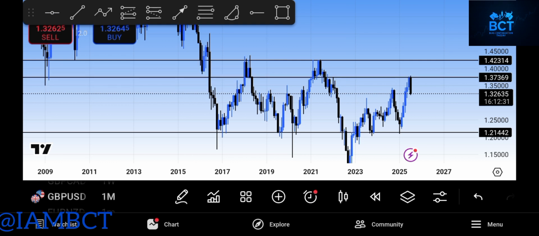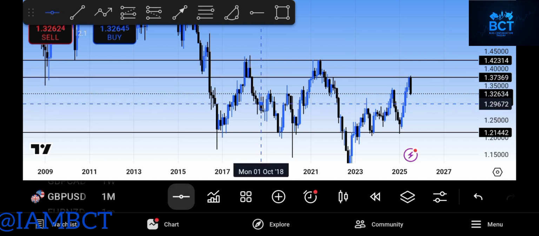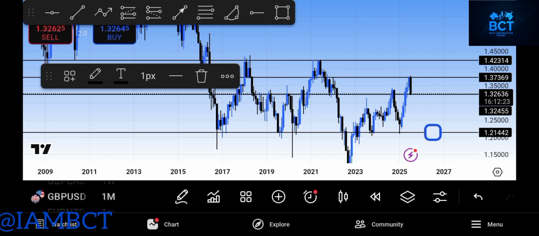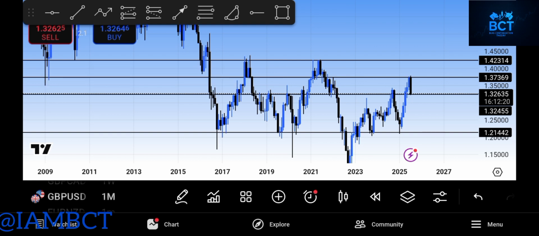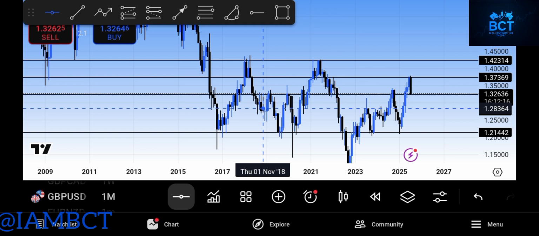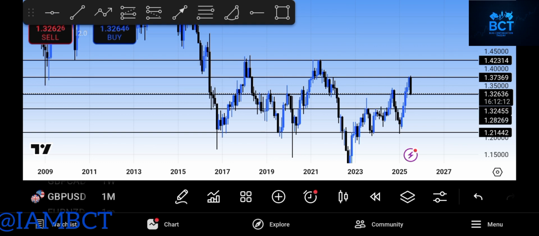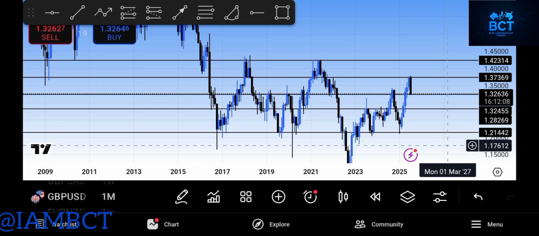Then the next one is here. Oh, the market is already there. The next one is here. Then if market breaks down from here, you should be reacting from here again. And this is the last day of the monthly candle.